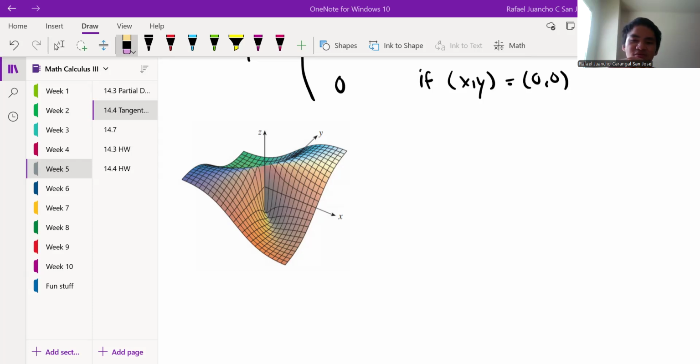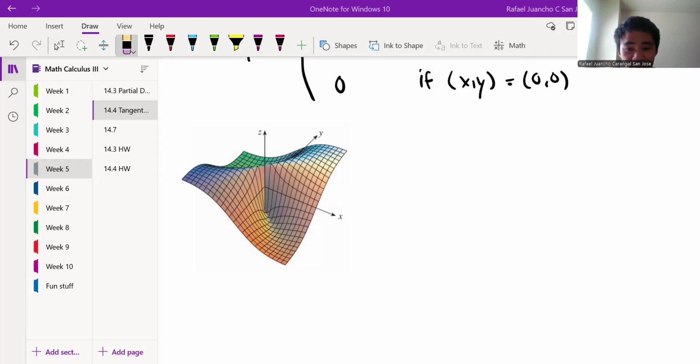So a function of two variables can behave badly even though both of its partials exist.